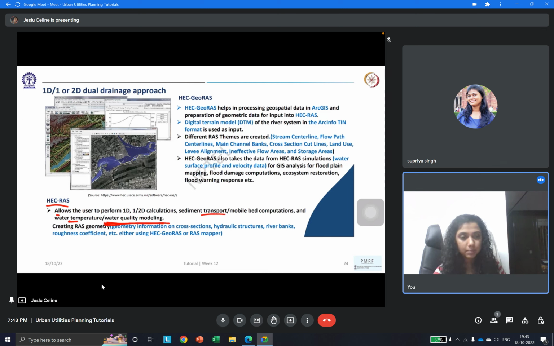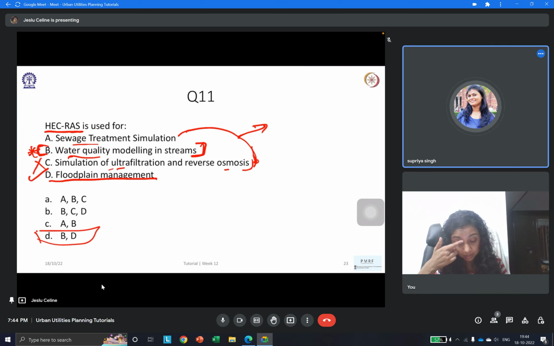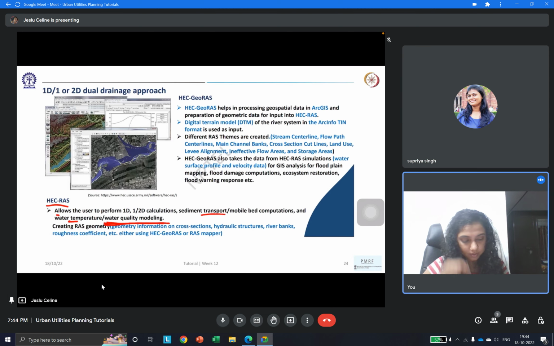But sewage treatment simulation we are not doing here. Logically, treatment gets into more chemical aspects, so these are purification or treatment related aspects which the software cannot handle. This looks into water quality, water management, water flow. Maybe we can remember that way, but remembering the uses is not very easy because there are so many softwares. With some tricks, maybe you can try remembering. So the answer for this is B and D. This is what we learned.